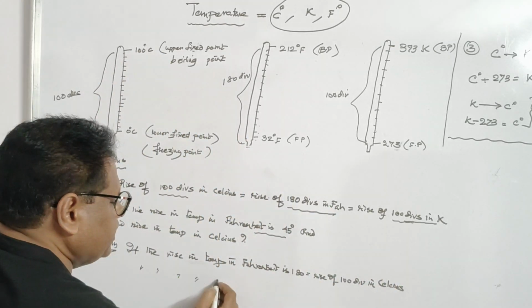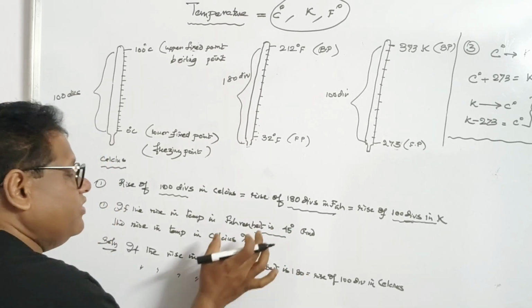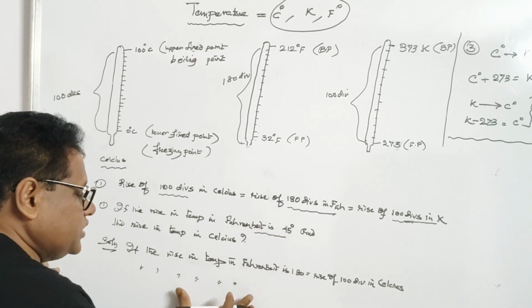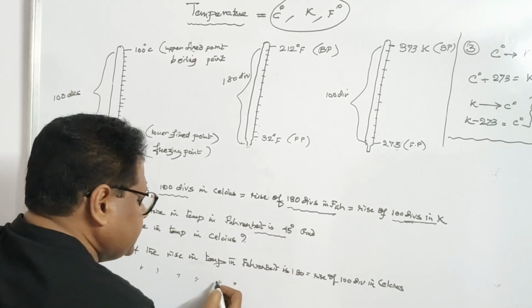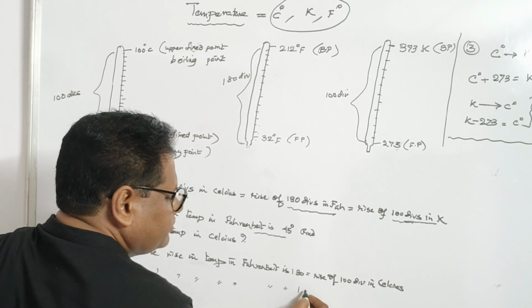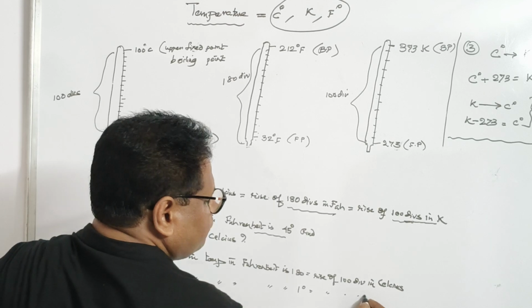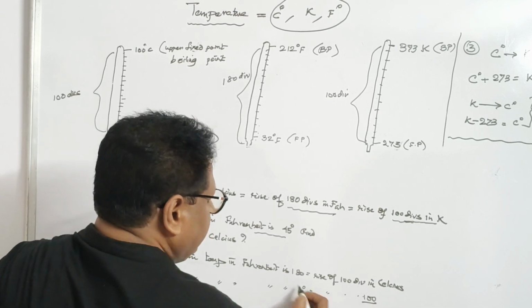Now in the unitary method, whatever is given we place on the left hand side. Having known the temperature rise in Fahrenheit, we use this on the left hand side. If the rise in temperature in Fahrenheit is 1 degree, then the rise in Celsius will be 100 by 180.